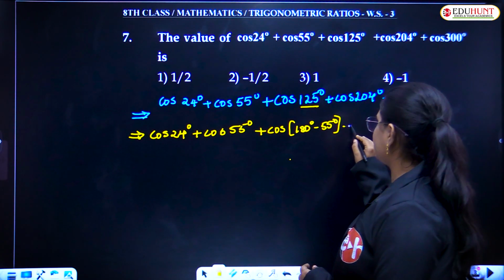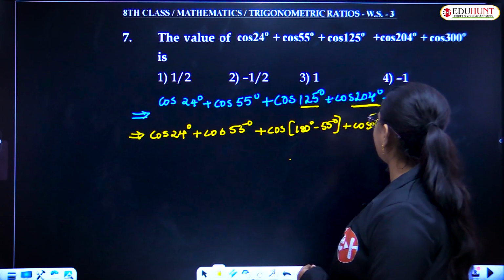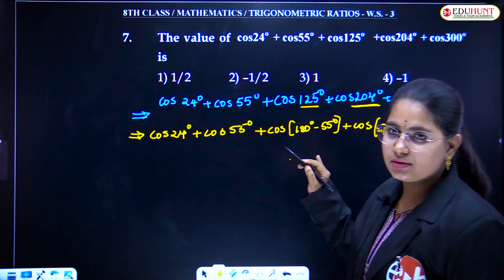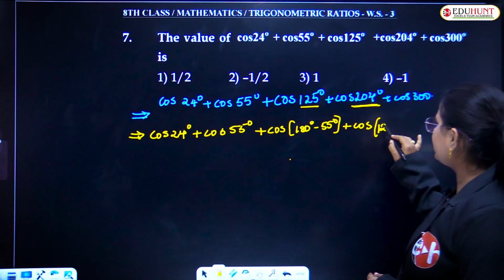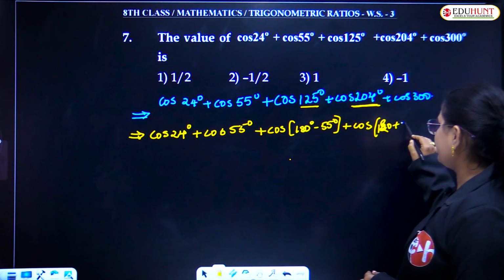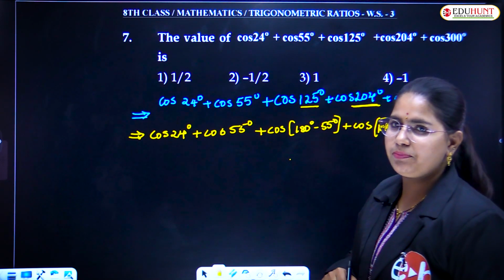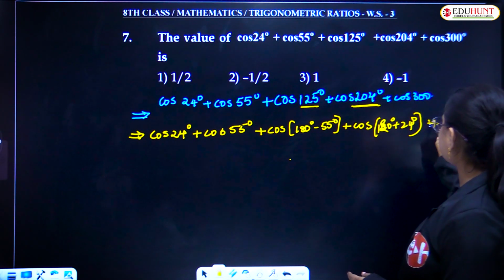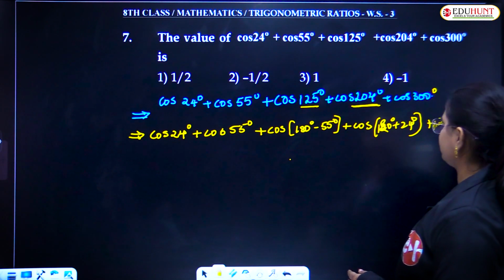Next, how will I write this 204? It's 180 degree plus 24, as I have written in the previous question. And cos 300 degree I will keep as it is.